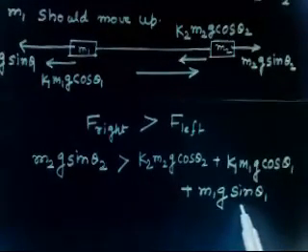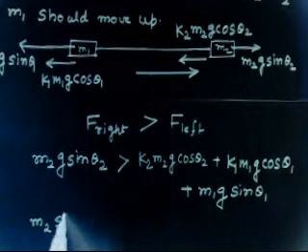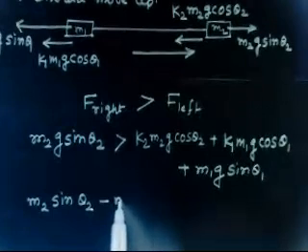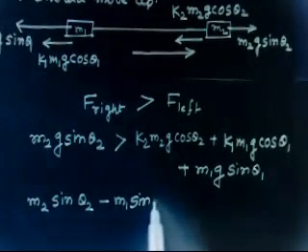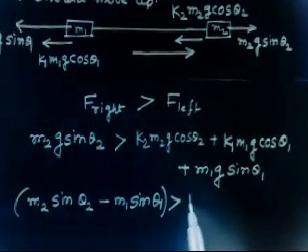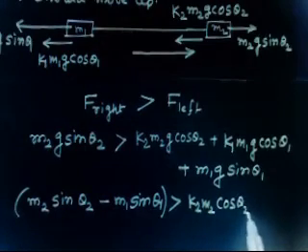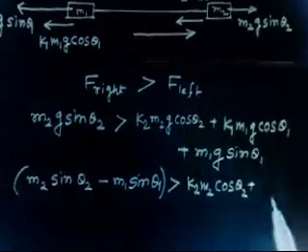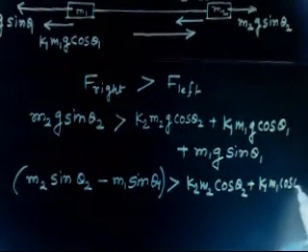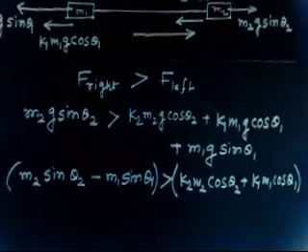Now if I take this side, this becomes M2 sin theta 2 minus M1 sin theta 1, G cancels out. This should be greater than K2 M2 cos theta 2 plus K1 M1 cos theta 1. So this is the required condition you will have in this case. Are you getting or not?